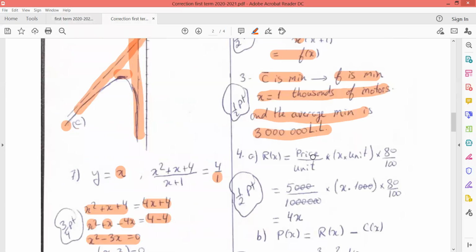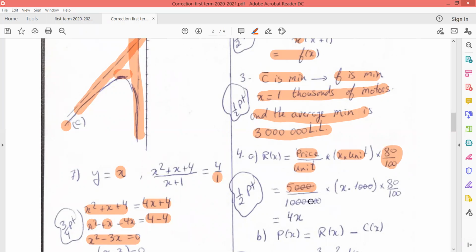We know that the rule for the revenue equals the selling price over the unit of the price, times x times the unit of the quantity, times 80%. If they said all the quantity is sold, I don't write anything here. But if he said 80%, I multiply by 80% of the production, 80 over 100. Selling price is 5,000.